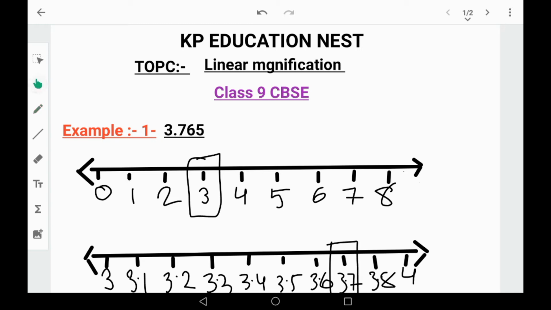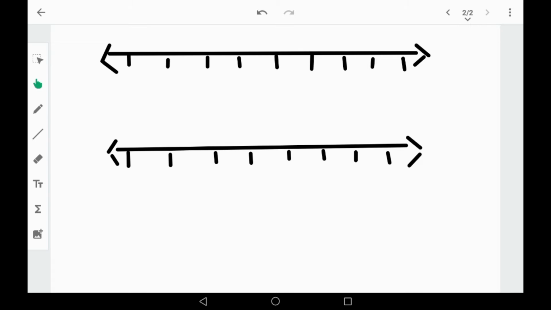So the third digit is 6. So I have to mark 3.76 in the next number line. So in this number line I will take 3.7 and 3.8.